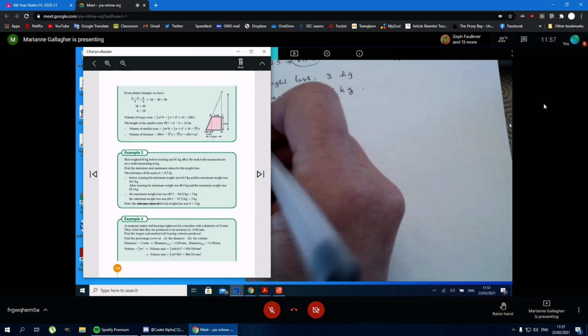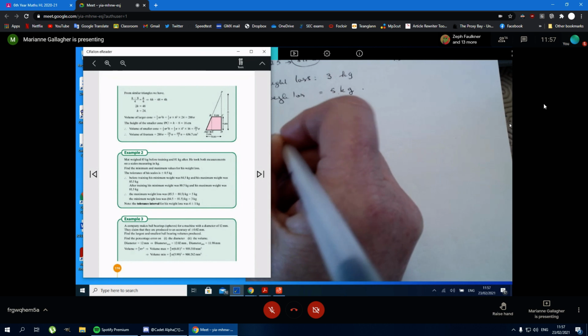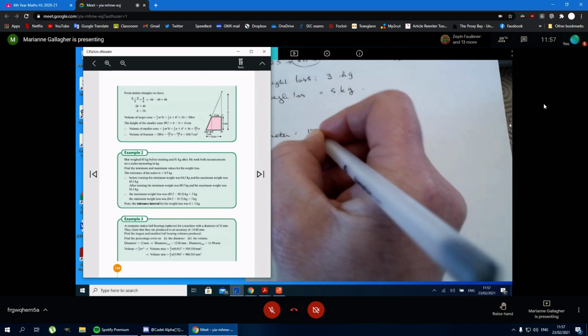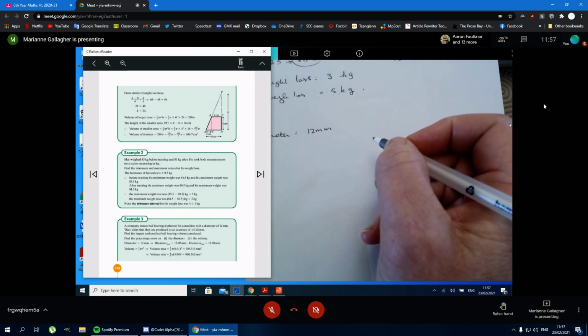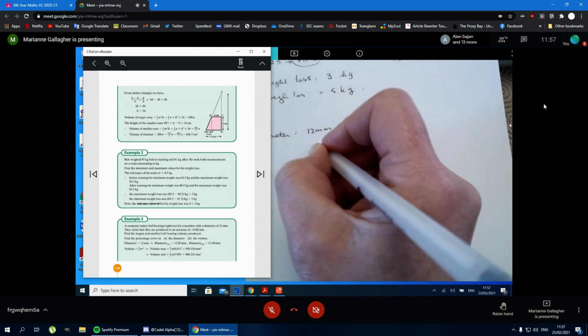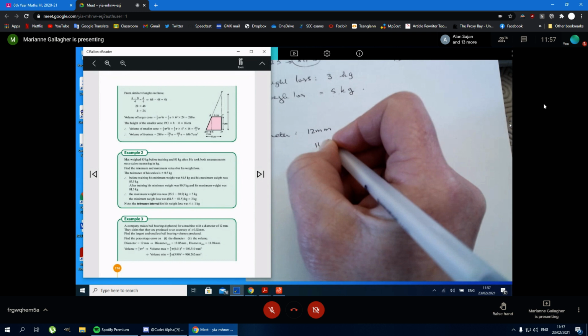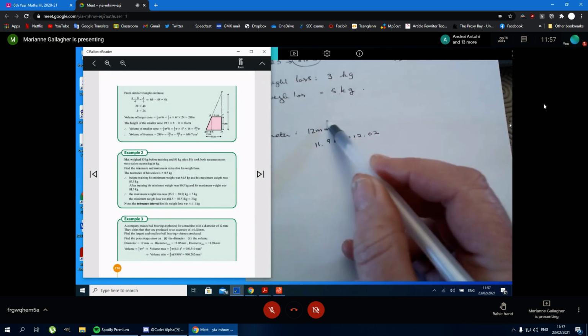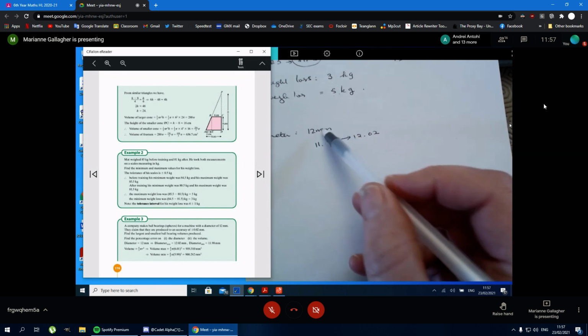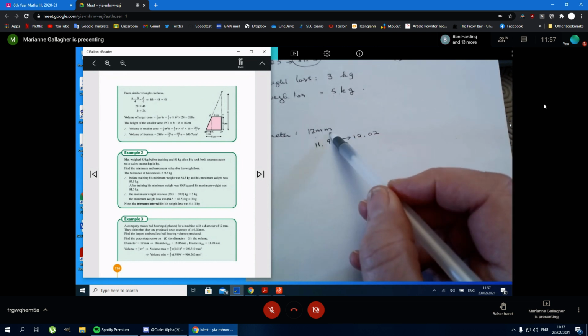Okay, so the diameter is 12 millimeters, and they're produced to an accuracy of 0.02. So that means it could go anything from 11.98 up to 12.02, because that's your error. So it could be plus or minus 0.02 from that, all right?